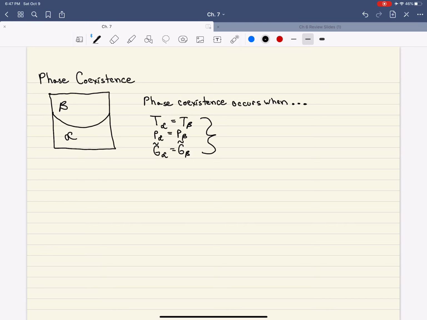All three of these things need to be the same in order for us to have a system in which the alpha phase and the beta phase exist at the same time.